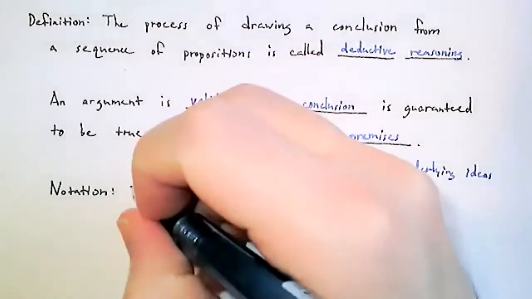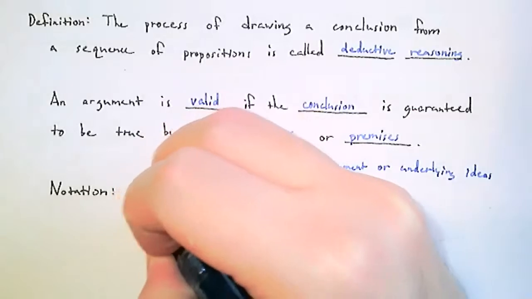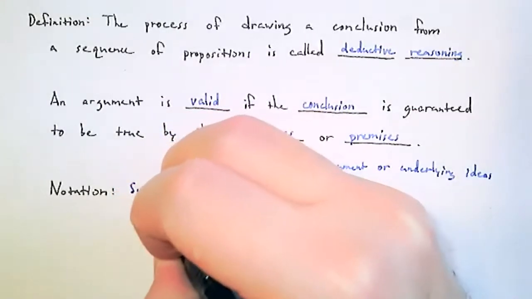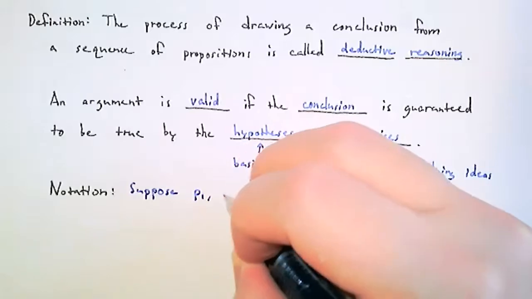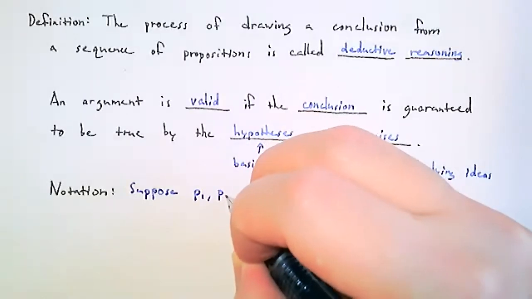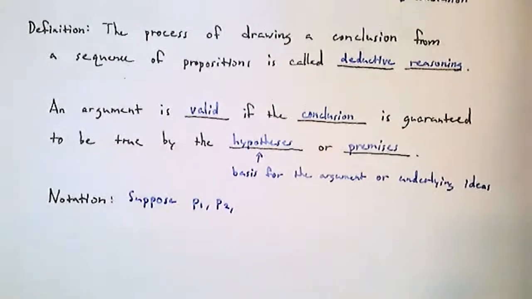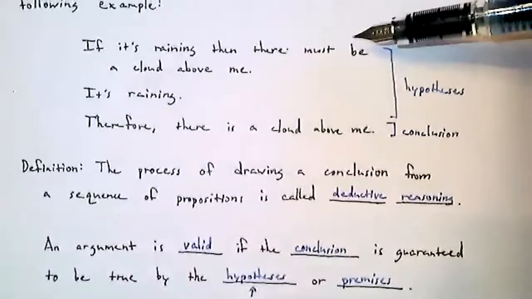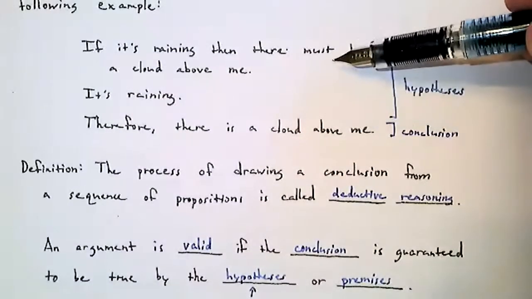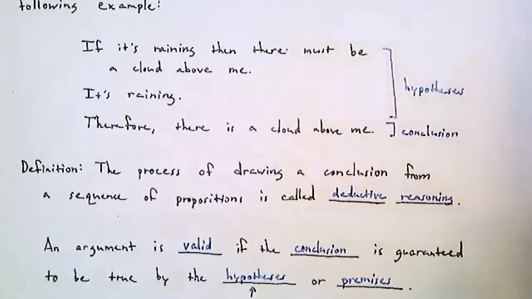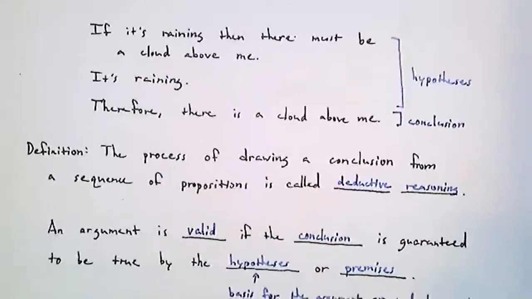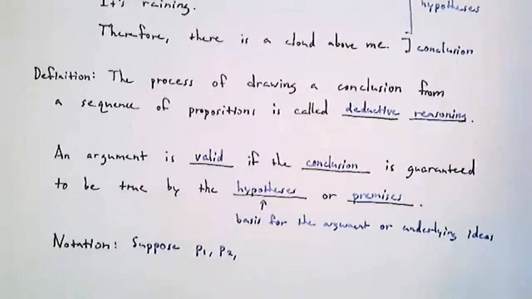So we use letters for propositions. In an argument, you often have many propositions. Up here in the example, each of the hypotheses is a separate proposition, and the conclusion is its own proposition, something that's true or false.